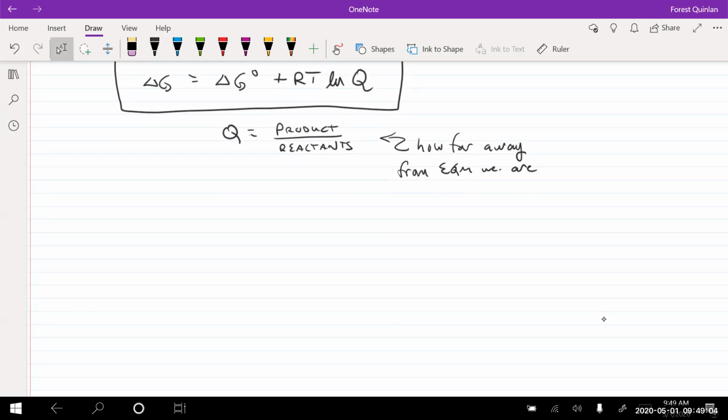Just to remind ourselves a little bit more, let's break it down here. We have delta G equals delta H minus T delta S. This is the free energy, energy for work.